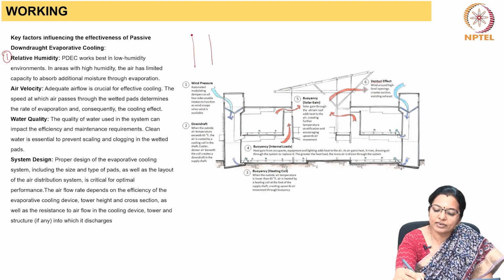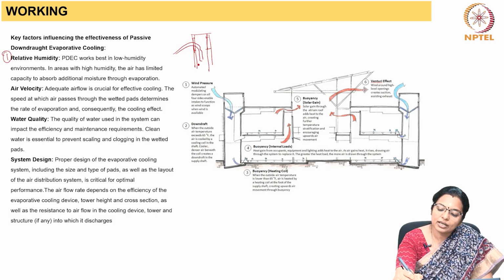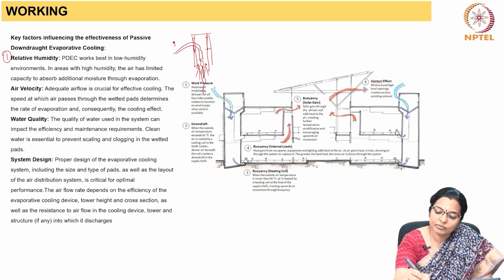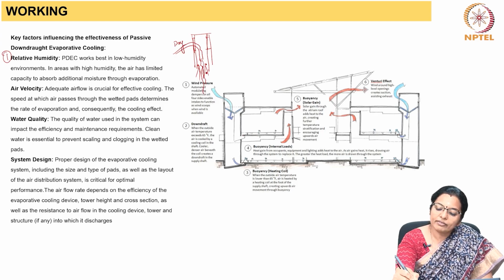So if we have a tower with a slit, the air that comes in absorbs the moisture, and unless the air is dry, it will not be able to absorb the moisture.